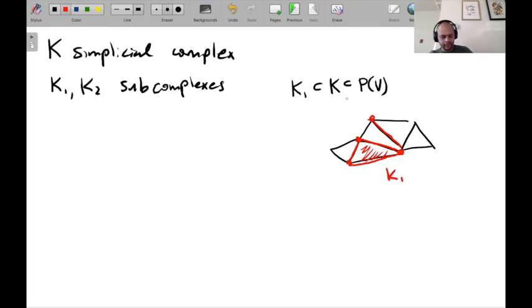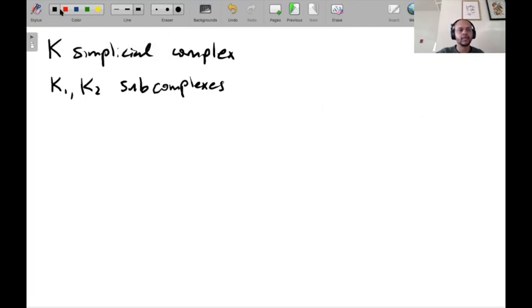So here's K1 in K. Okay, so we take two subcomplexes and we want their union to be everything, so K is K1 union K2.